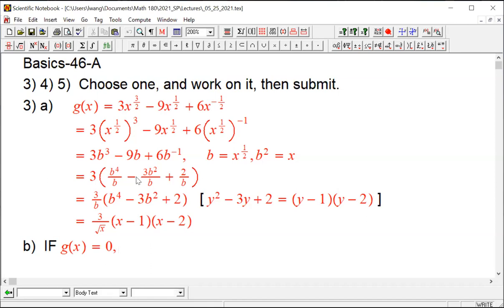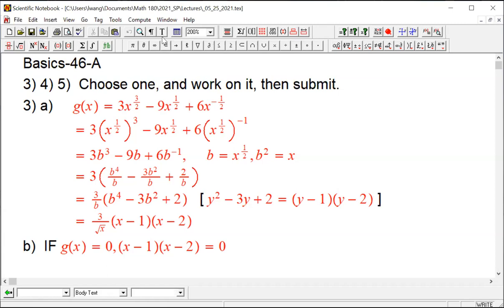Then if g of x equals 0, this piece cannot be 0. So the only piece that can be 0 is this guy equals 0, right? So that's the narrative you want to put together.